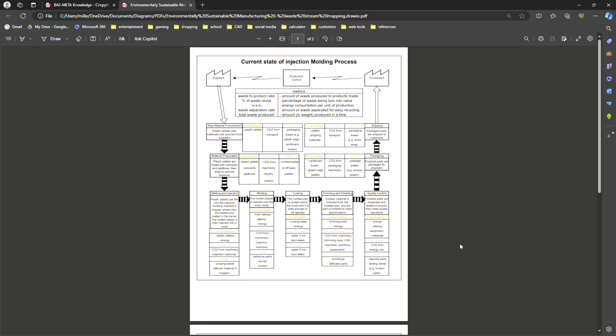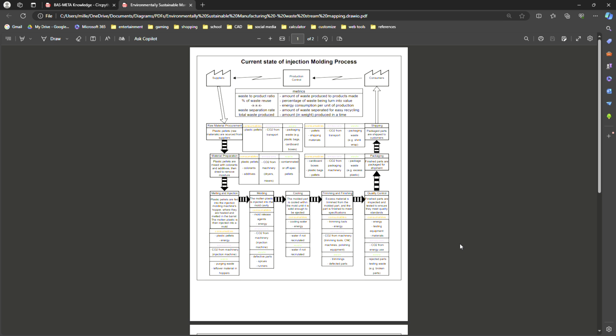Next is melting and injection, which feeds plastic pellets into a hopper, which are then melted into molten plastic and then injected into a mold. This process consumes plastic pellets and produces CO2 from injection molding, and produces purging waste and leftover materials in the hopper.